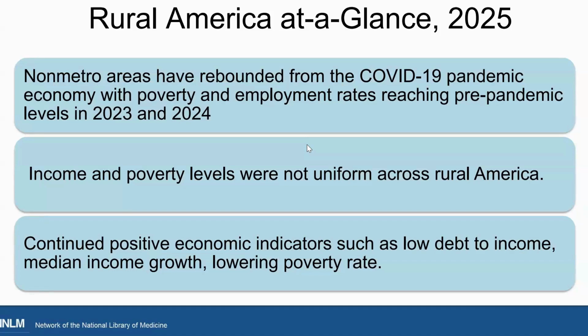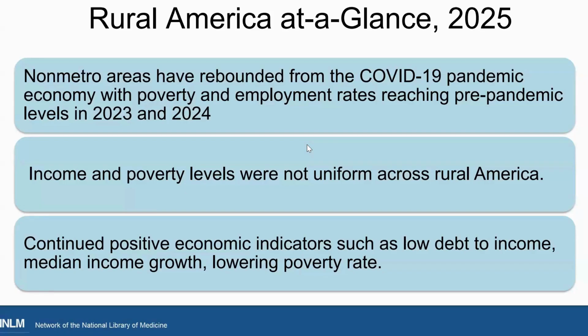For example, manufacturing jobs went down, but continue to be a leading employer in non-metro areas. Healthcare and social services went up in 2023 and 2024, continuing an upward trend. And again, a lot of the healthcare and social services are related to that aging population base.